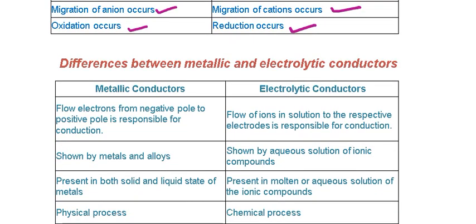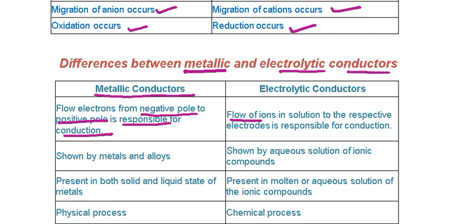It is also required to know the difference between metallic and electrolytic conductors. In metallic conductors, the flow of electrons from the negative pole to the positive pole is responsible for conduction. In electrolytic conductors, the flow of ions in solution towards the respective electrodes is responsible for conduction.